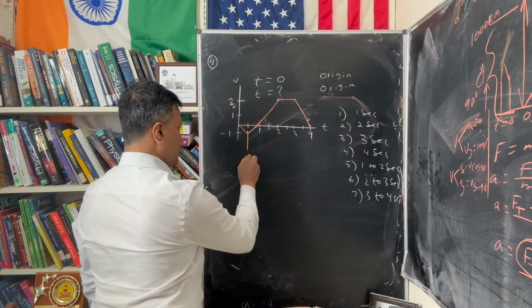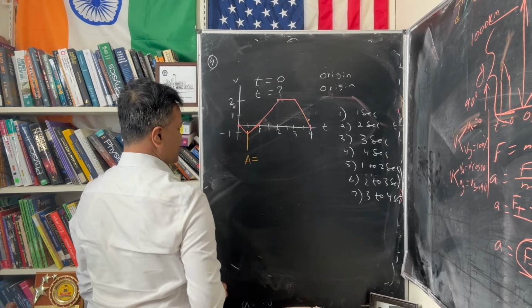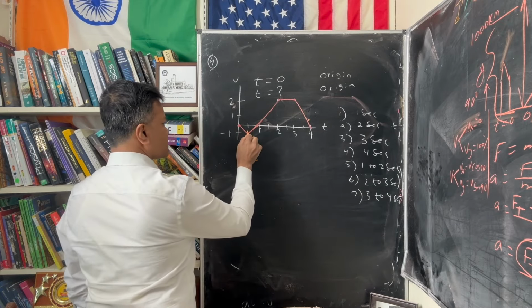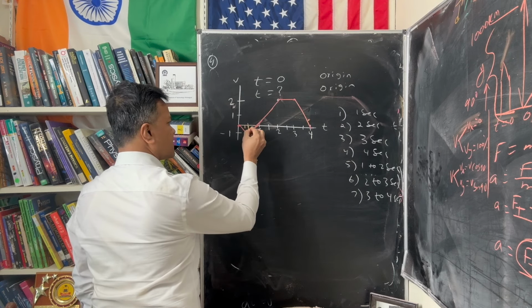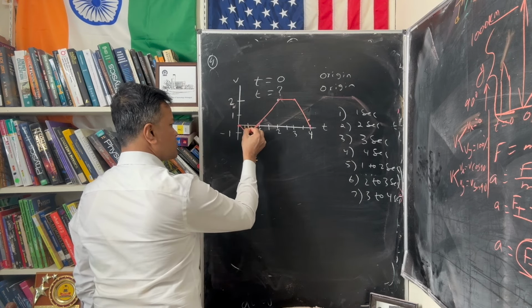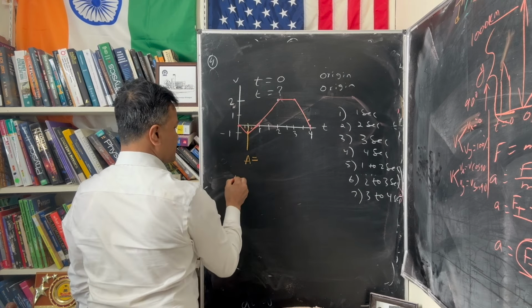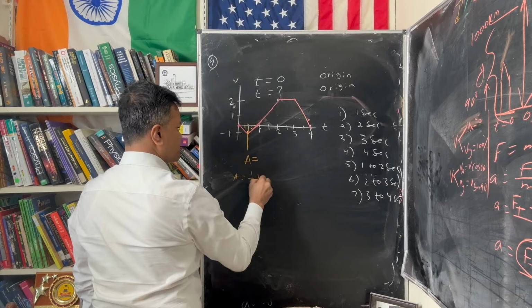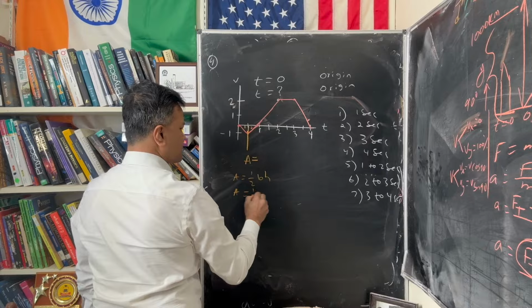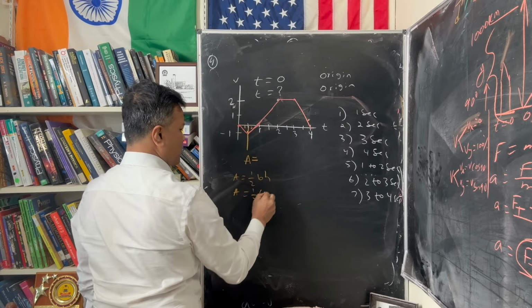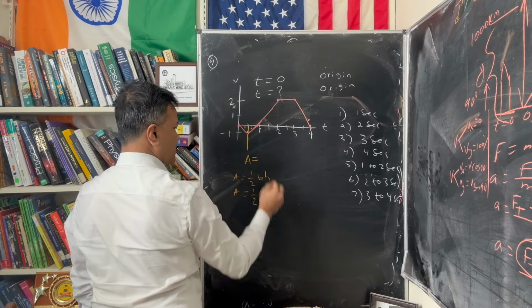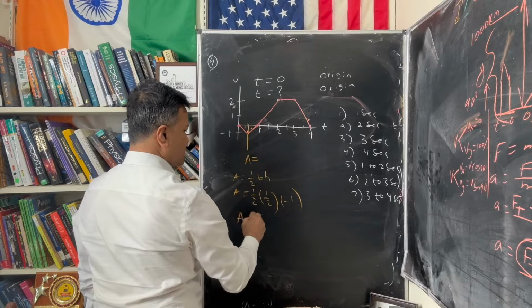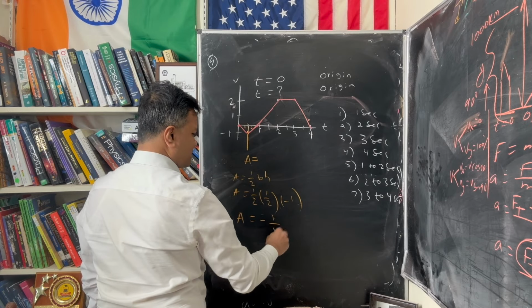The area over here, first find the area at 1 and then the area at 2. Area at 1 is half BH. So area is half, B is 0.5, H is negative 1. So area is negative 1 over 4.